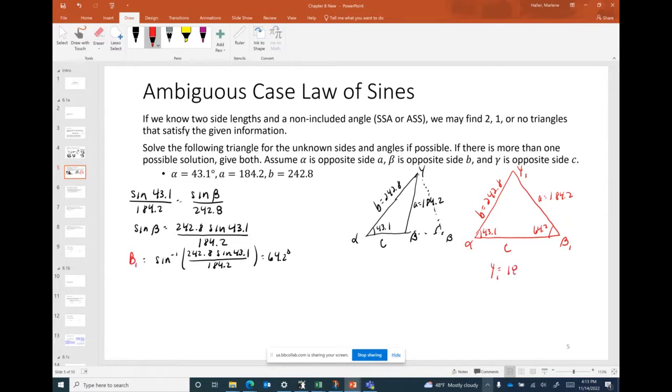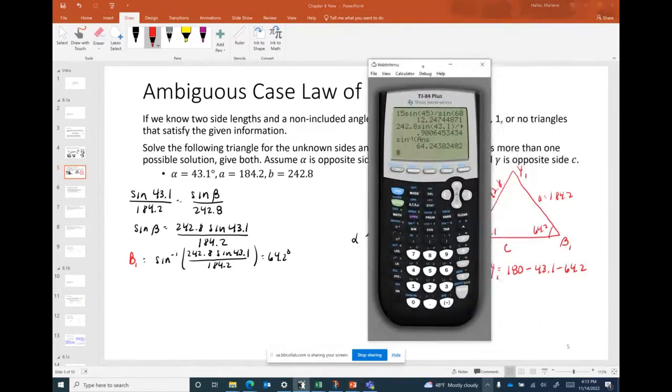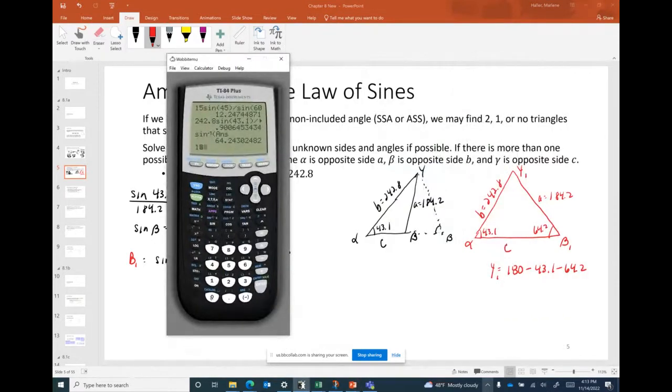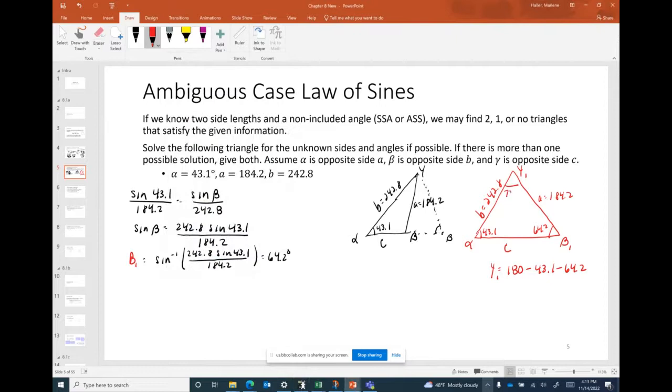Gamma sub 1 is 180 minus 43.1 minus 64.2, which is 72.7. All right, so there's beta sub 1 and gamma sub 1. So that's the first triangle.